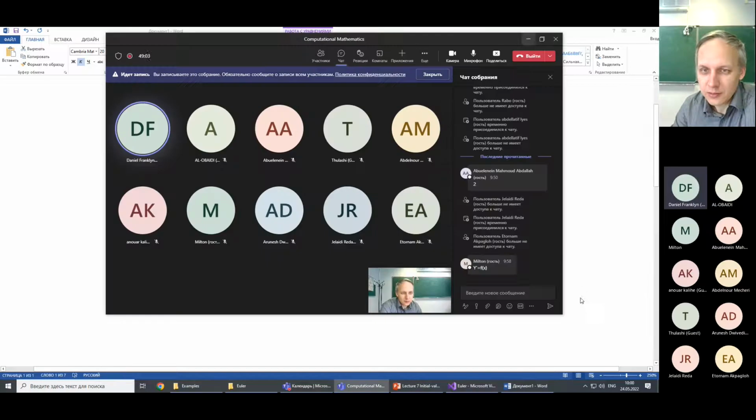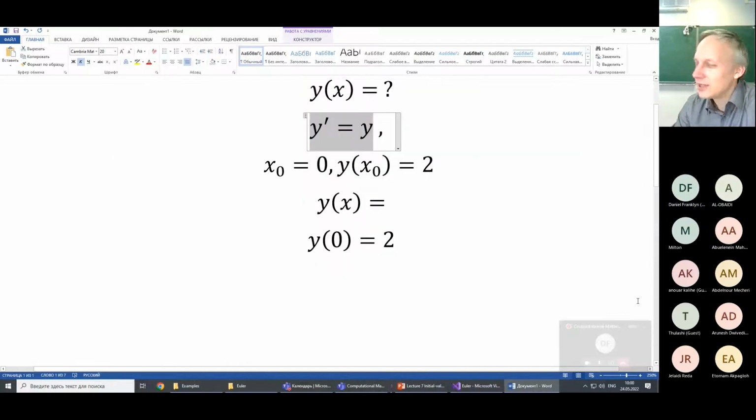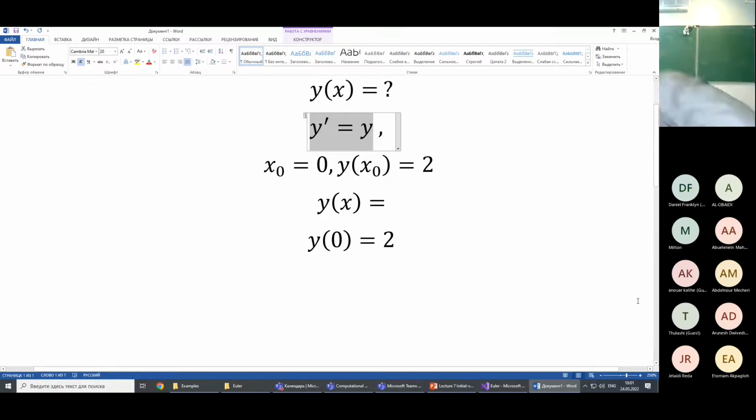X to the power of 2 plus constant? No, x squared plus constant we considered already. The derivative of x squared plus constant equals 2x. Y prime is not equal to y.